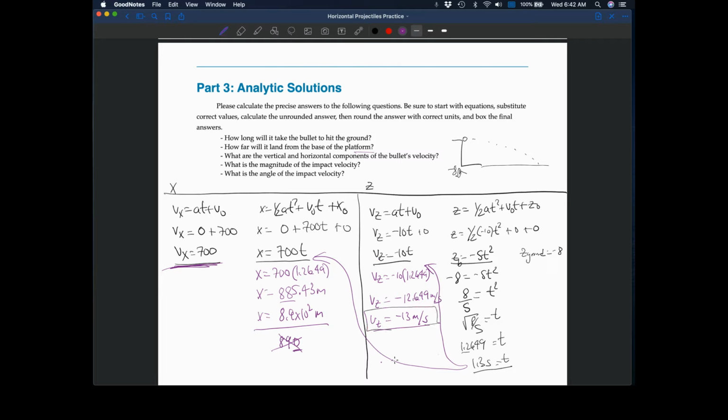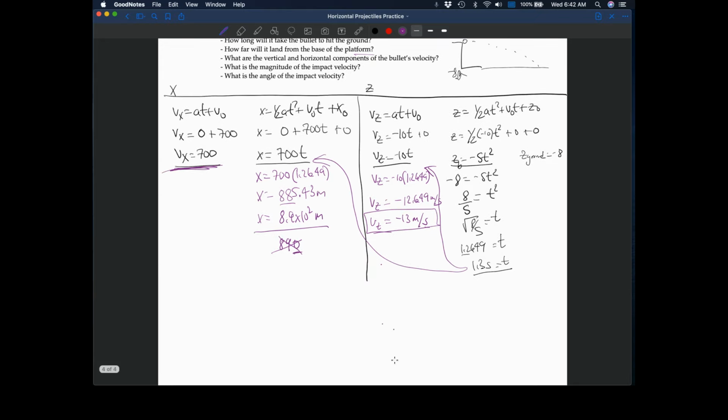Vertical, horizontal components. The magnitude of the impact velocity. Well, in this case, we have a 700, and we have a minus 12.649. And this is our impact velocity.